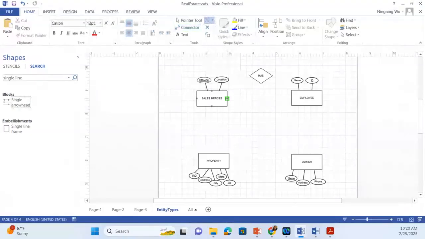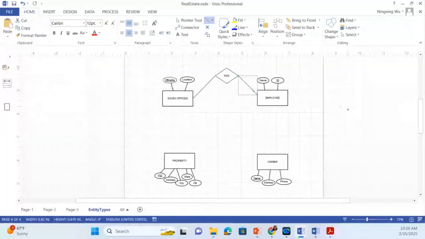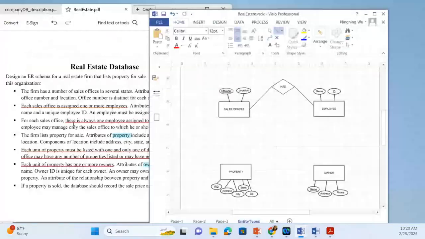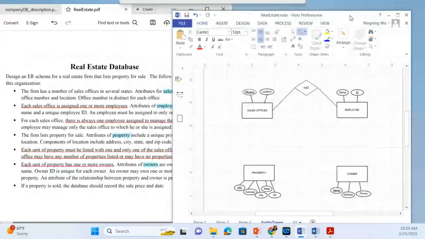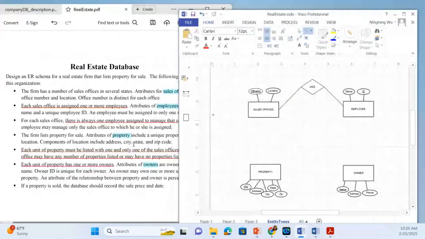Okay, but I got it. So I put the line connecting has with employee. Okay, so this is kind of one relationship tab. Then the second one, we underlined, there's always one employee assigned to manage that sales office.